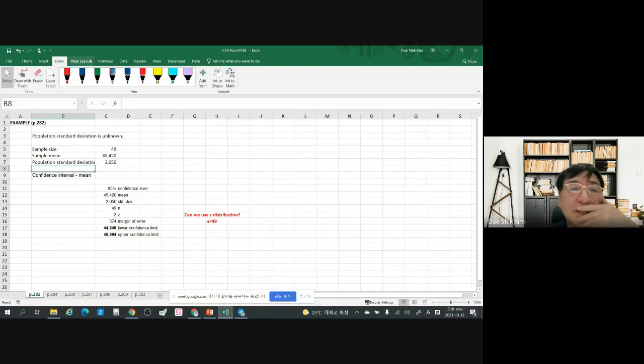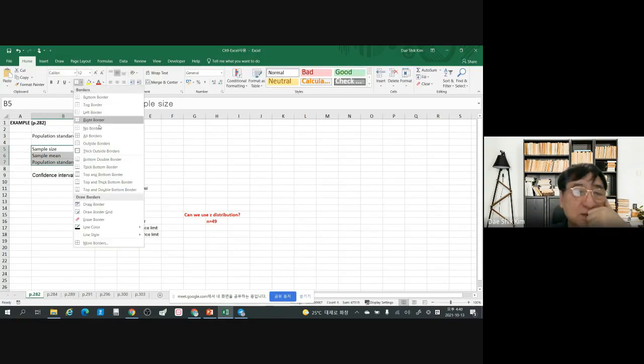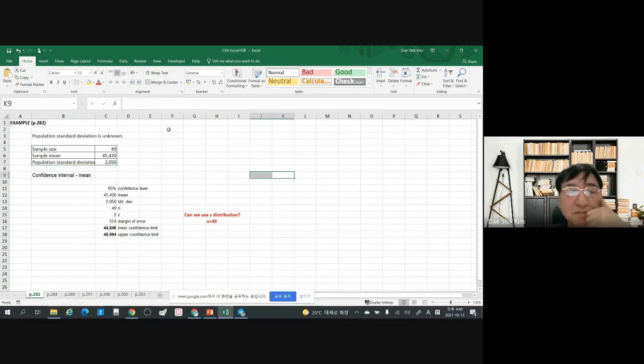Now, when you enter data, this number is given, I just entered this number myself, okay? If you have data, all 49 data points are in a vertical column, and then you need to calculate. Let's assume we have 49, we have calculated this one, and we get the population standard deviation from our historical data.